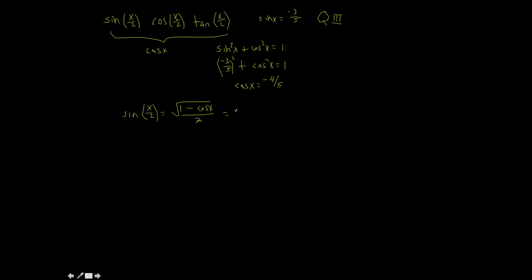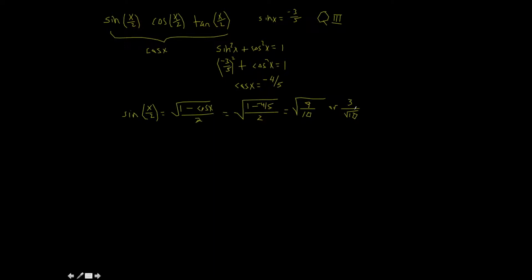Now we know cosine of x is negative 4/5, all over 2. So that's going to be the square root of 9/10, which you could write as 3 over the square root of 10.